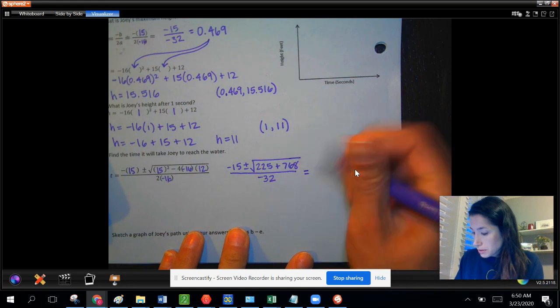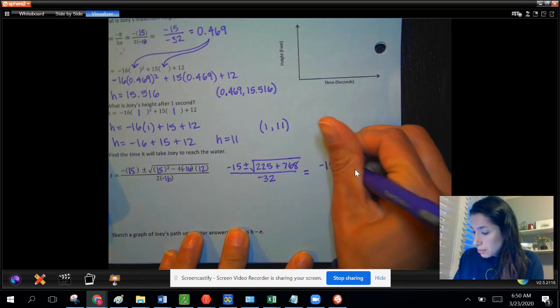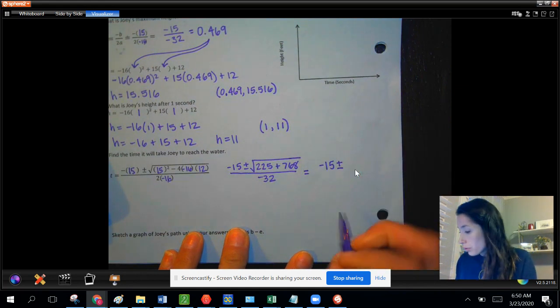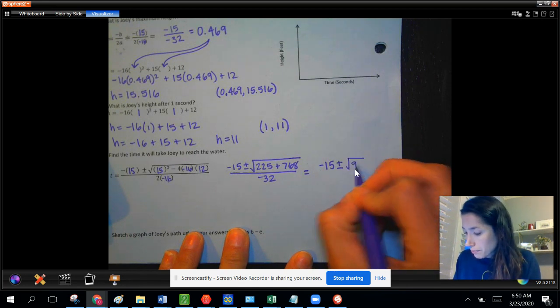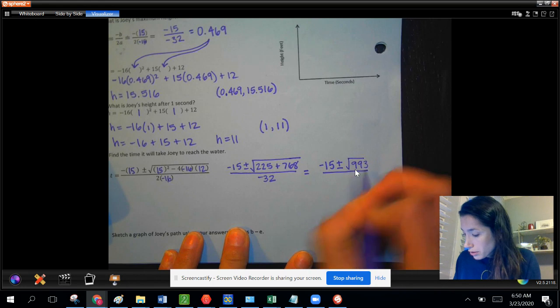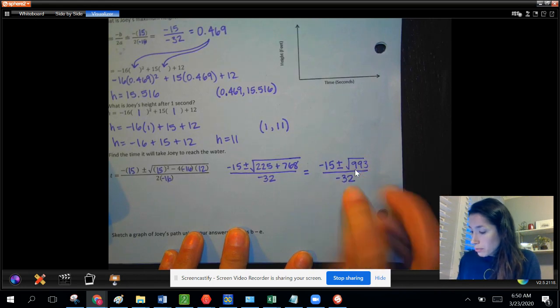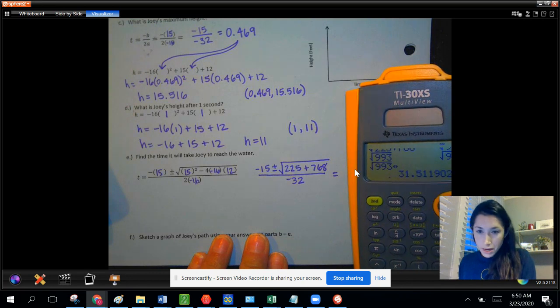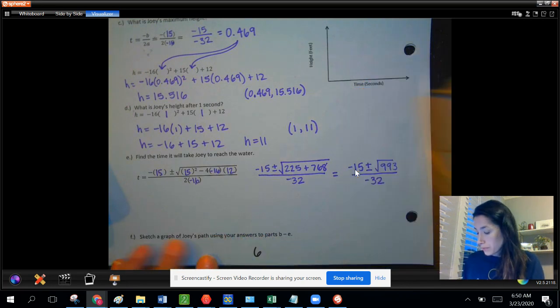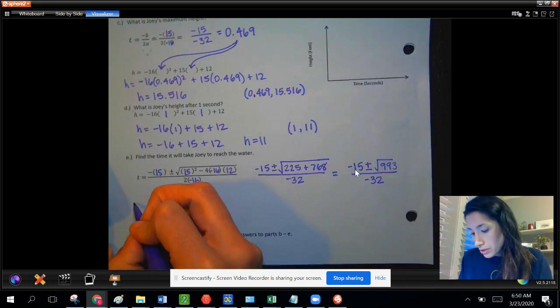So let's rewrite this. We have negative 15 plus or minus the square root of 993. I'll go ahead and write this in between step, just as a reminder of how I got to that. And then remember, we said the square root of 993 was about 31.512.